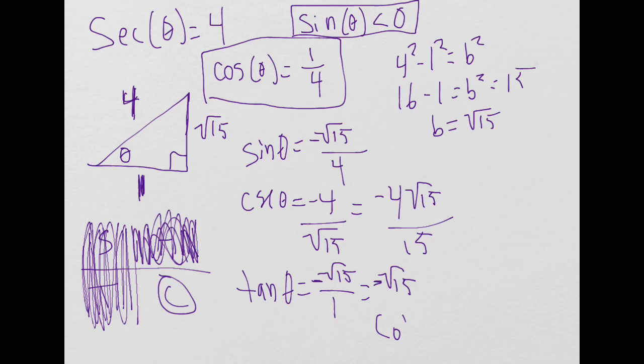Last one, cotangent, just the reciprocal of that. So flip it. Negative root 15 over 1 goes to negative 1 over root 15. And we have to rationalize it, which again, we're going to get the square root of 15 over 15, and it's negative. Sweet!